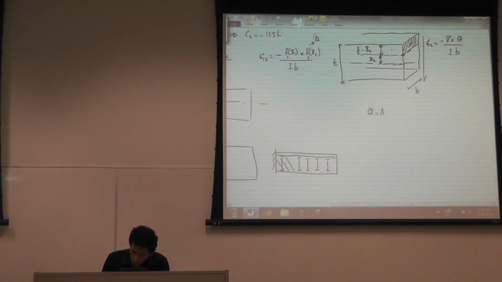Q is equal to area multiplied by y bar, where y bar is this distance.